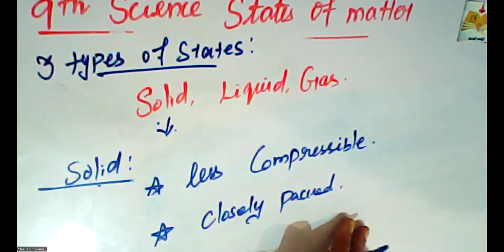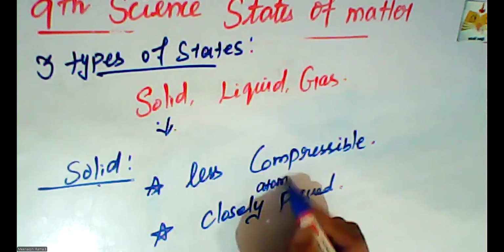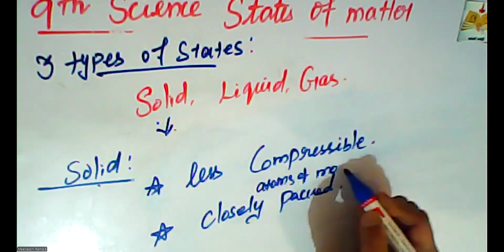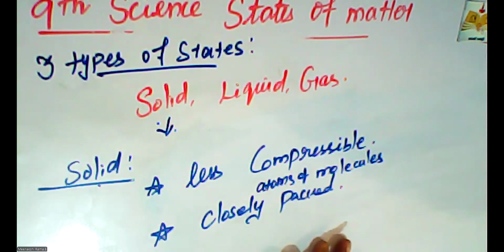We need some energy to break the material. If I want to break some wooden material, we need energy, because the atoms and molecules are closely packed in solid state materials. Is that clear? There are three kinds of states.